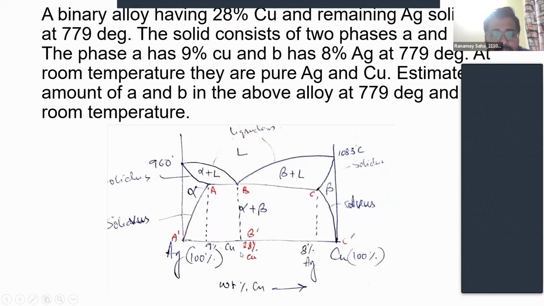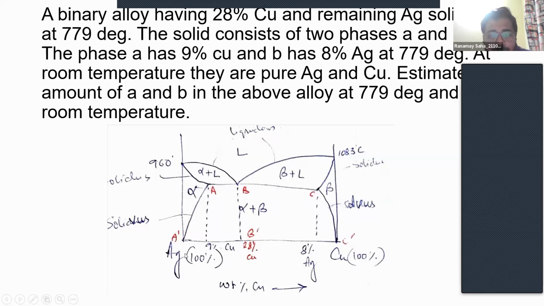Now, at this temperature, there is something called the lever rule. I think you have heard about it. This is the lever rule to find out the phase composition from a phase diagram. Here you have alpha, this is liquid. So this becomes alpha plus liquid, here becomes beta plus liquid. This is the lower critical temperature line, this is the higher critical temperature line.